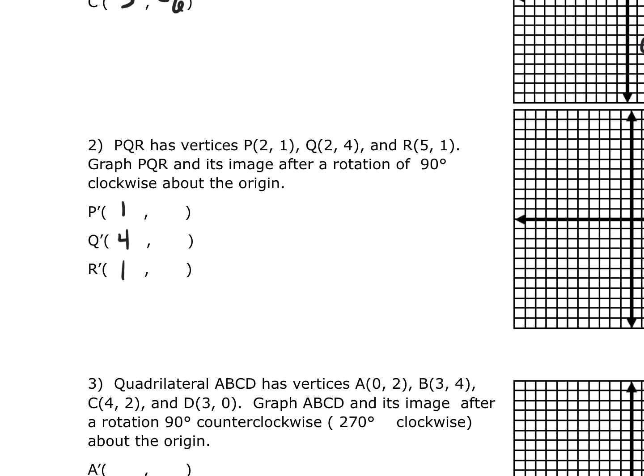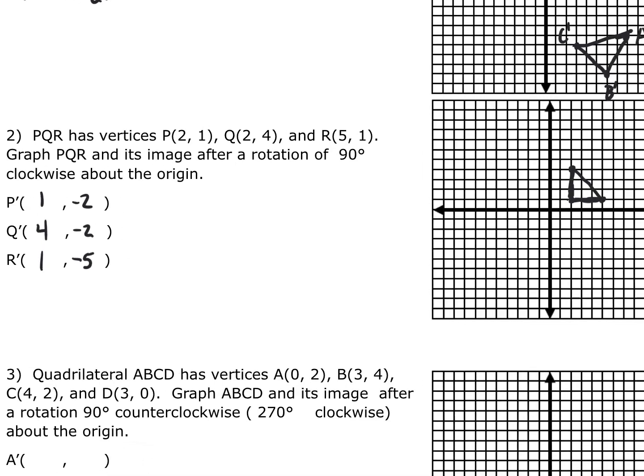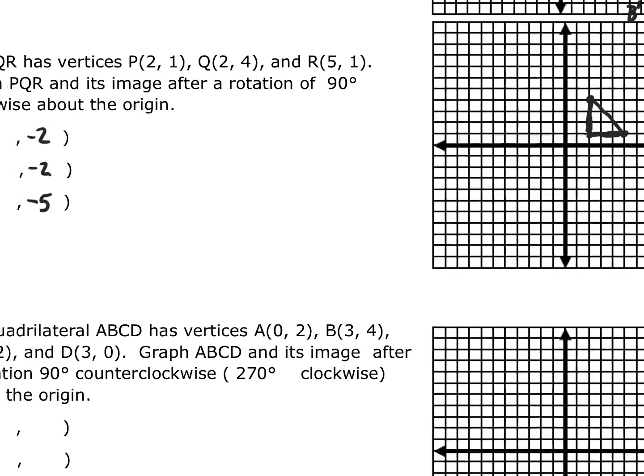And now we're going to take the x value of the original point and make that the opposite of that, the y value. So P's x value is 2, so P prime's y value is going to be negative 2. Q's x value is 2, so again, Q prime's y value is going to be negative 2. And R's x value is 5, so R prime's y value is going to be negative 5. So now we can place those points.